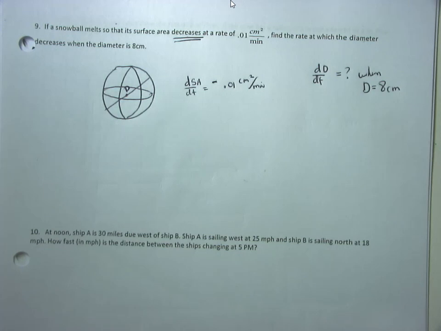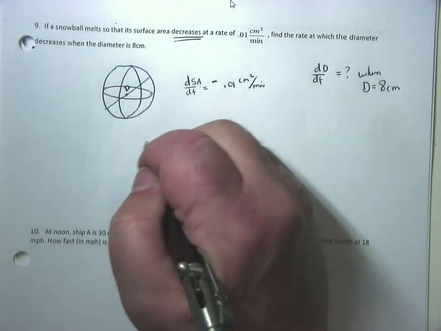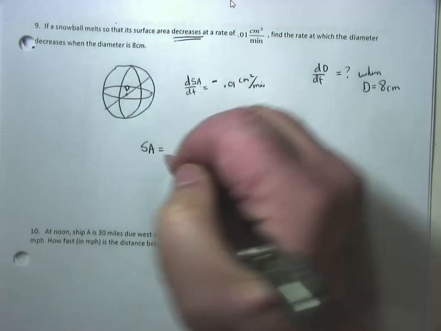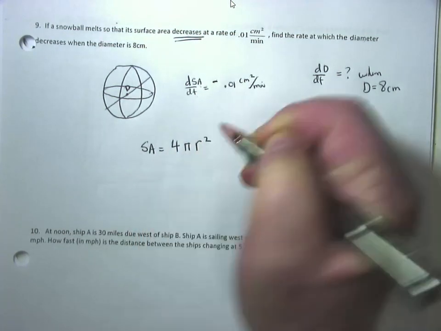All right. We need a formula. They gave me the derivative of surface area, which means I need the surface area formula. Do you guys remember from a few seconds ago what the surface area formula for a sphere is? 4 pi r squared. That is awesome. 4 pi r squared.